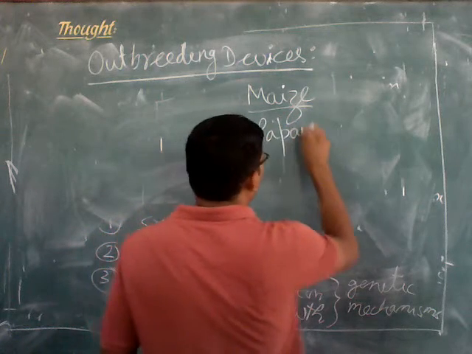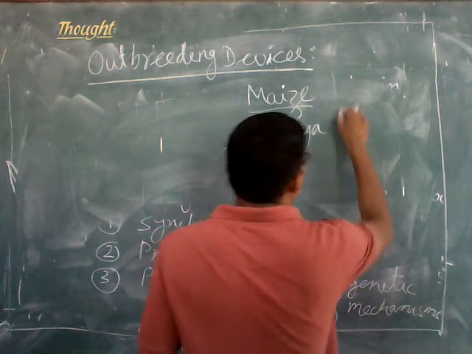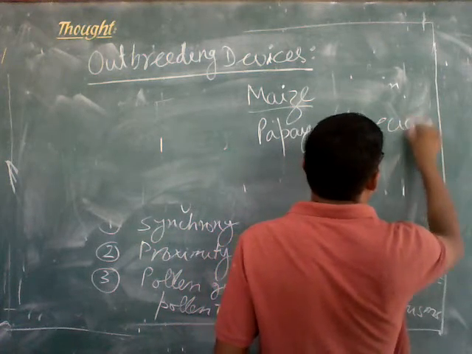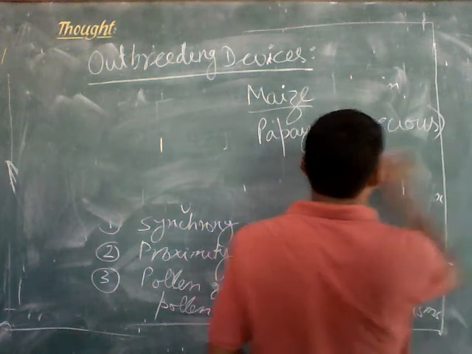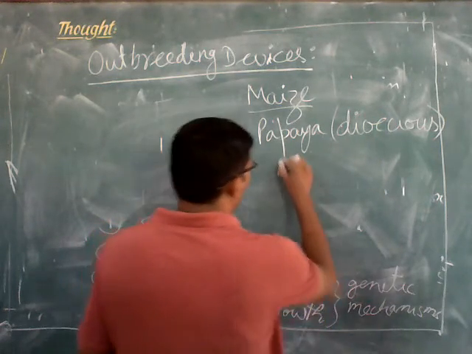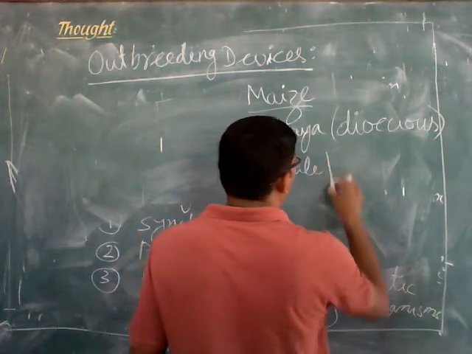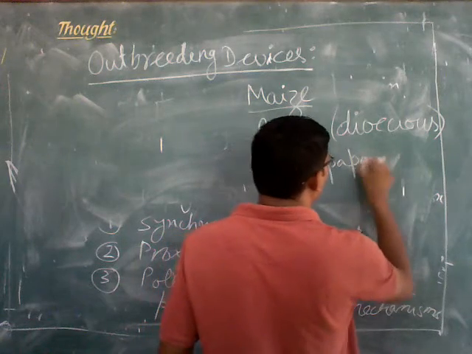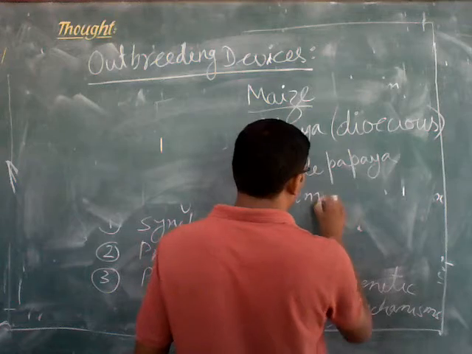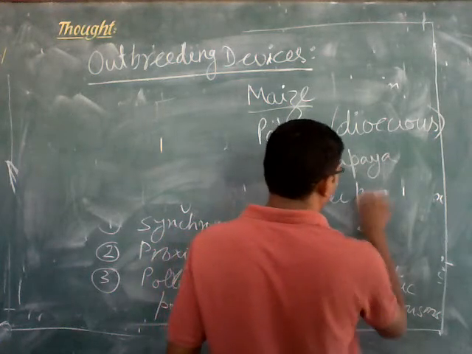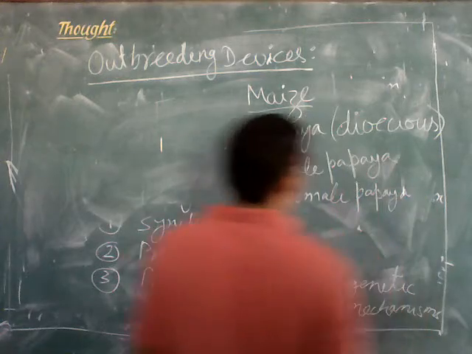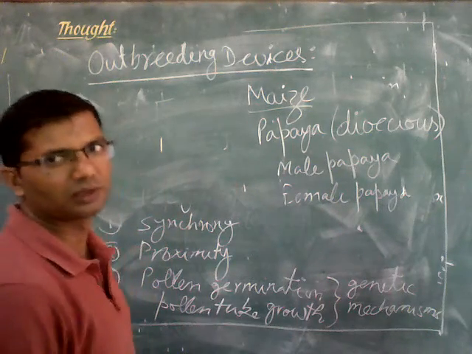Papaya is a dioecious plant. What does it mean? A male papaya will have only the male flower, and a female papaya will have only the female flower. And this kind of situation is called dioecious, right?